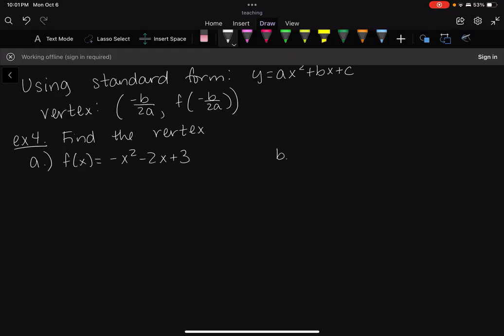And we'll do another one, just finding vertex. And this one, let's just make it up. Let's do y equals 2x squared minus 3x plus 8.